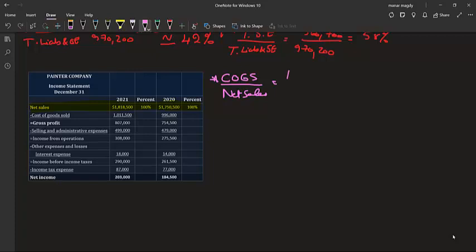So we have here 1,011,500 divided by the 1,818,500. So we're going to get 56%.